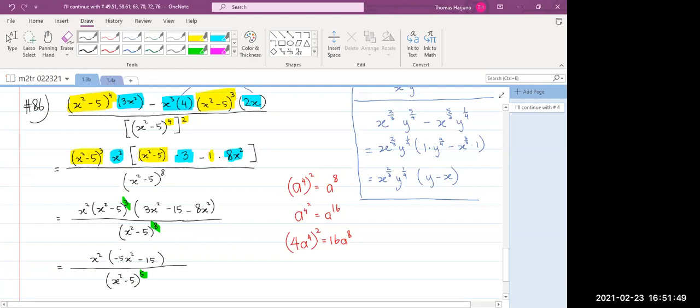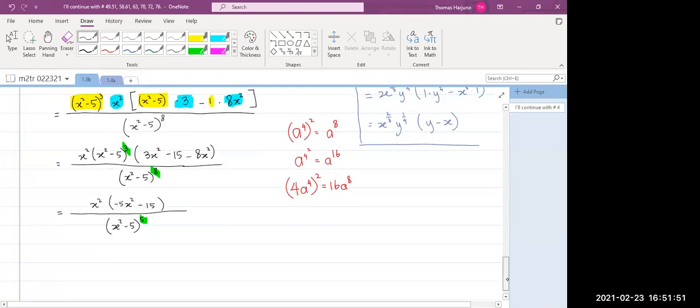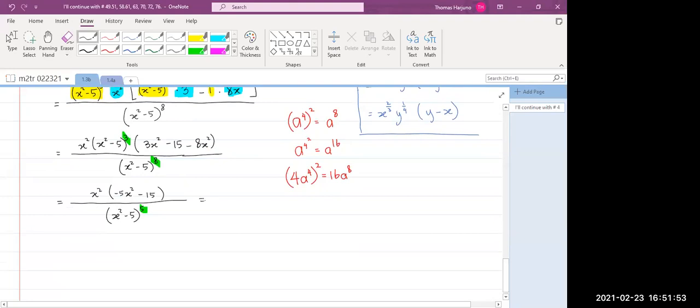Oh, if so, then I can factor the negative 5 out. Let's go on further. So factor negative 5x squared, x squared plus 3 over x squared minus 5 to the 5th.